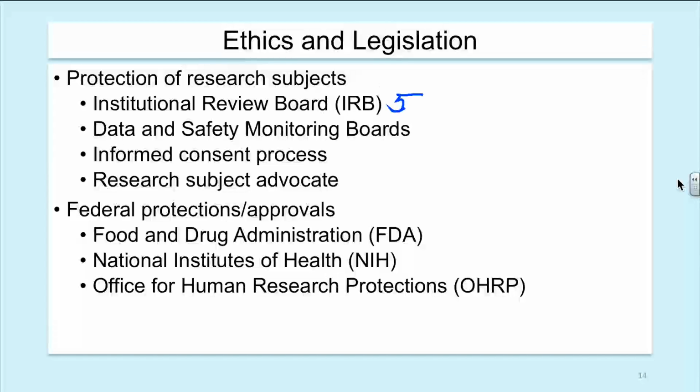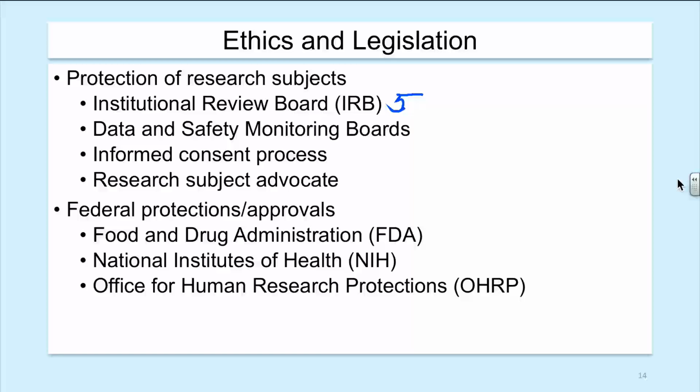And each of those IRBs is tasked with reviewing the research from particular therapeutic areas or particular divisions on the campus. So for instance, we have 3 medical IRBs, 1 upper campus general IRB that reviews the research from the departments of psychology or from the business school, and then we have South Campus general IRB that would review health services research and patient medical record research that might be going on.